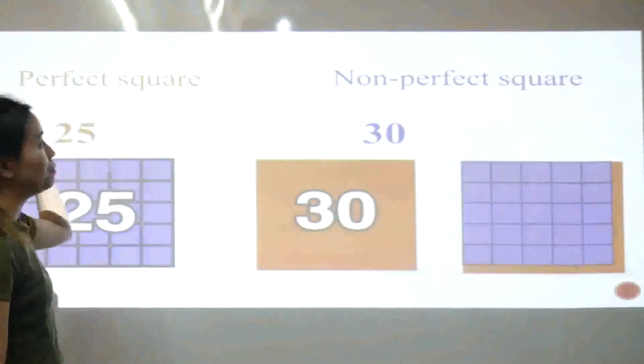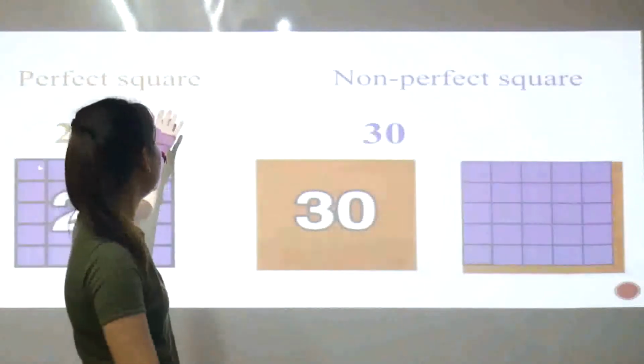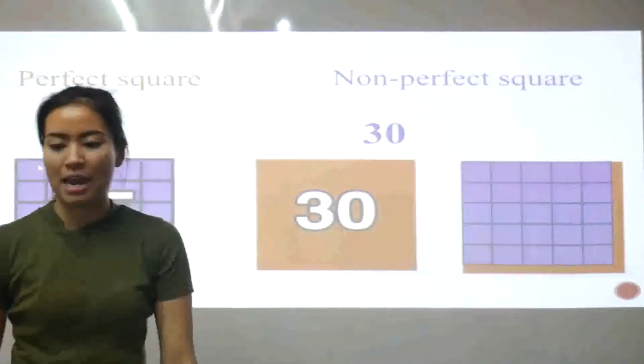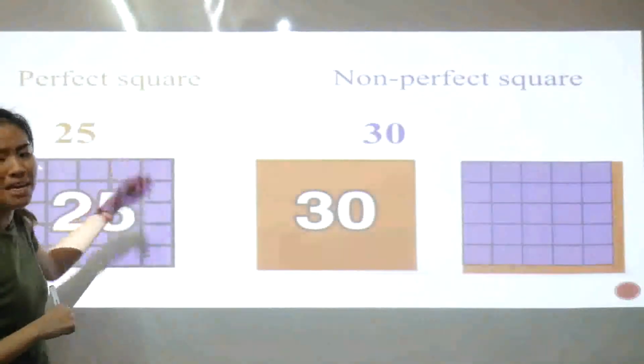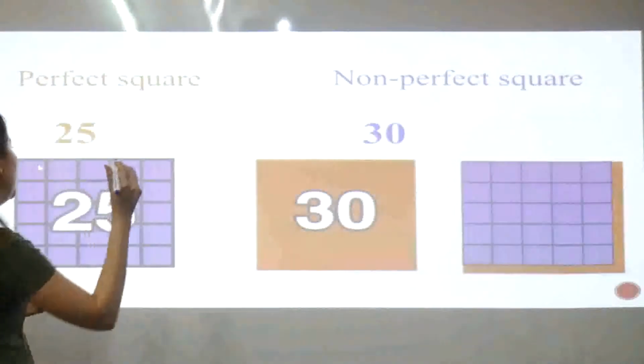Now we have a perfect square and a non-perfect square. 25 is a perfect square because 25 is equal to 5 squared.